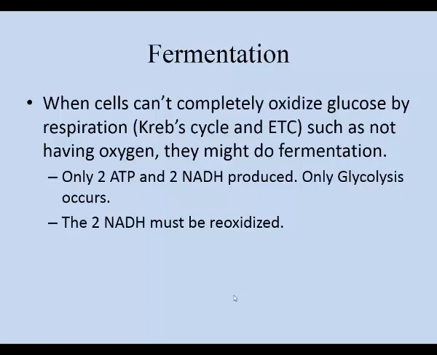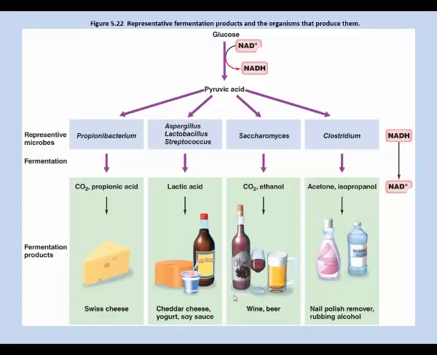Here we can't do that, so we end up with some kind of organic waste molecules, which we call useful things by humans. Some of that pyruvate or pyruvic acid that's made will go in and produce things that help us to make cheese or soy sauce or yogurts or wine and beers, or even acetone and isopropanol, alcohols that we use for cleaning.